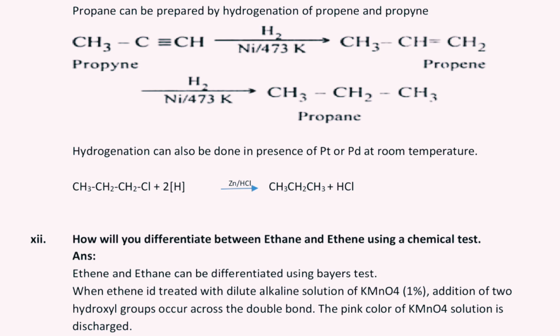And zinc with hydrochloric acid is here, and what it will do, it produces atomic hydrogen, picks the chlorine and replaces it, forms hydrochloric acid, and one hydrogen will be in its place. So here we have your result. Then, if it asks for it, you might use vicinal dihalides to produce it.